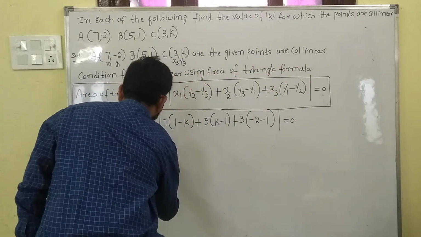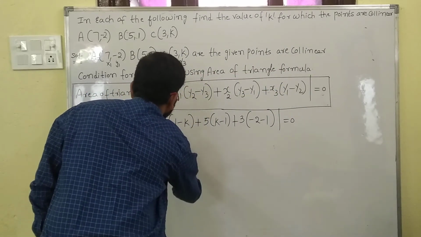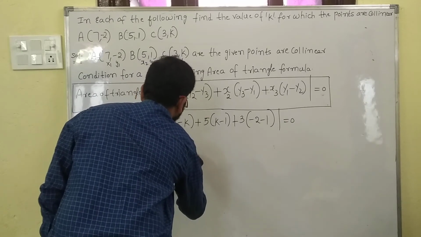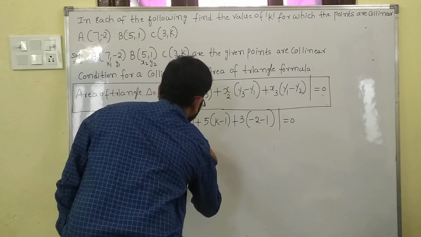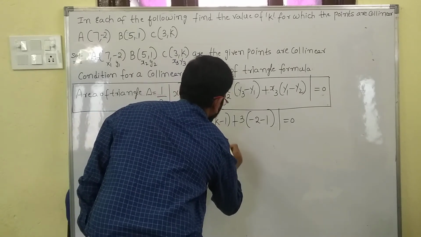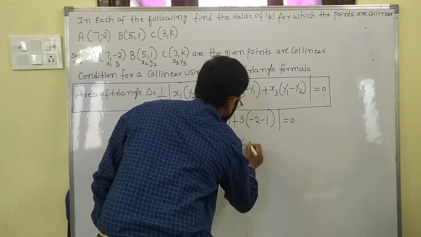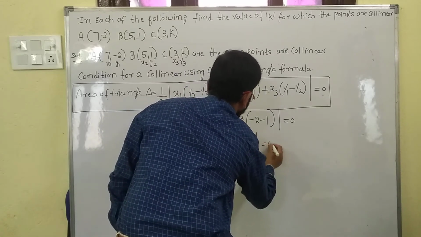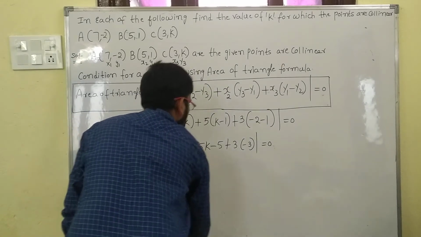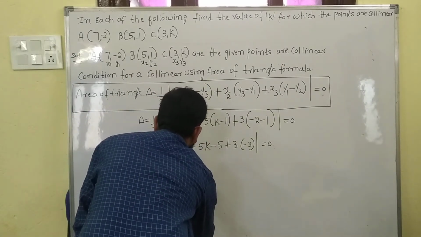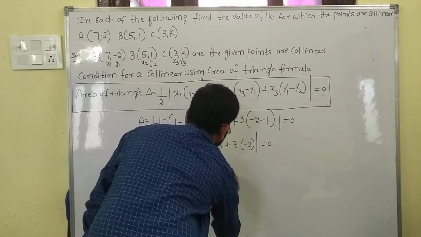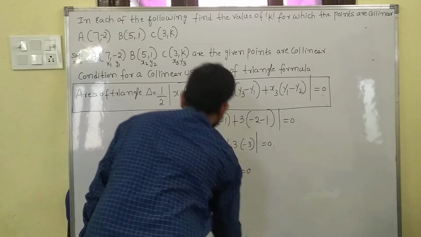Then delta half equals 7 into 1 is 7, 7 into k is 7k, plus 5 into k is 5k, plus 3 into minus 3, equals 0.